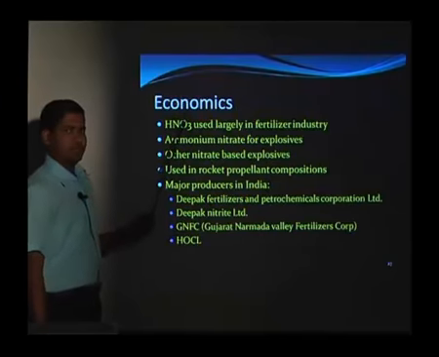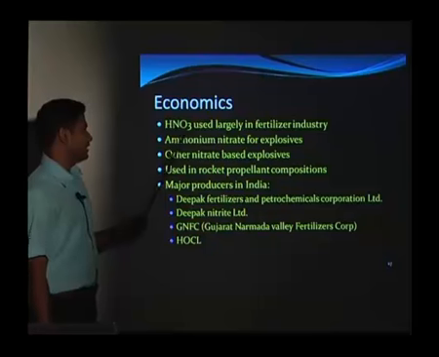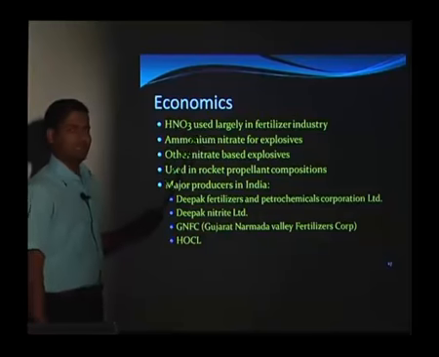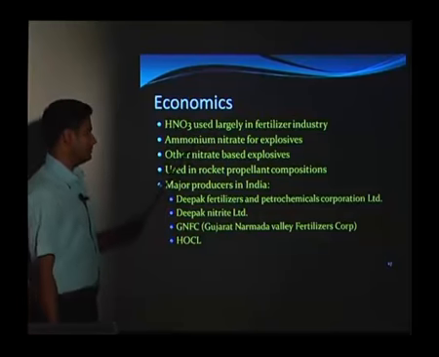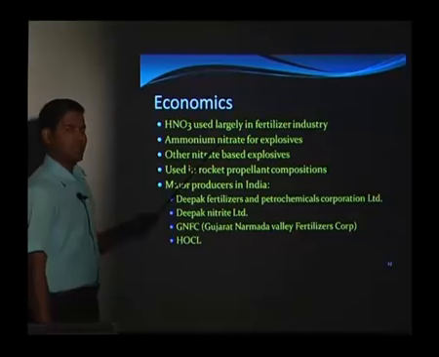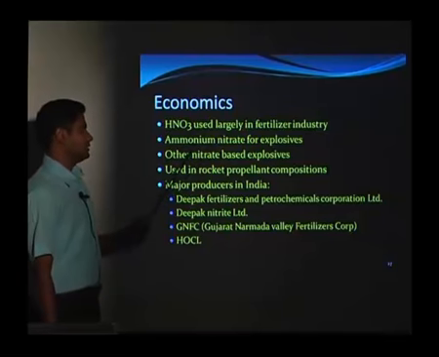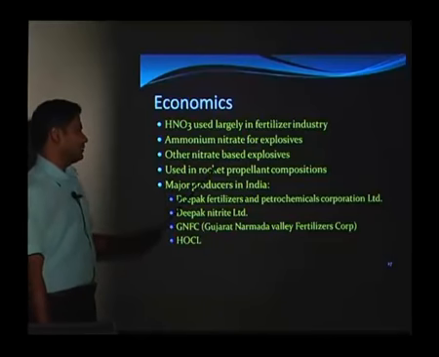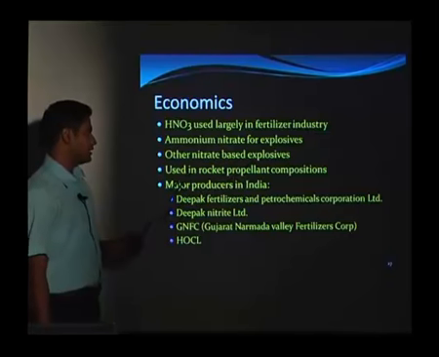Then if you see the economics of nitric acid, it is used mainly in the fertilizer industry. Nitric acid is used to form ammonium nitrate by reaction with ammonia, and this is a major part of explosives. Other nitrate-based explosives we can manufacture with the help of nitric acid.